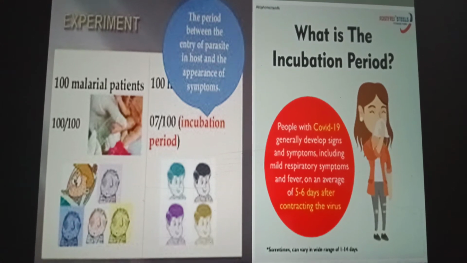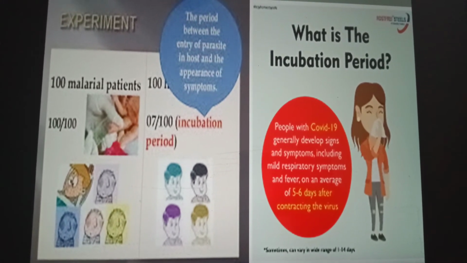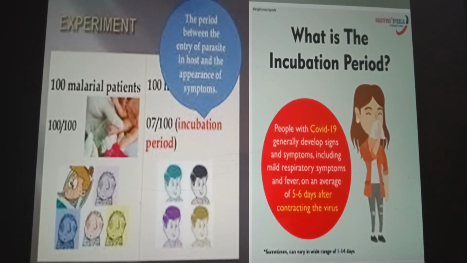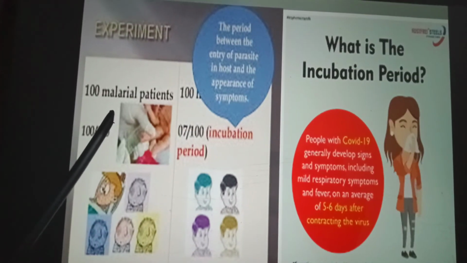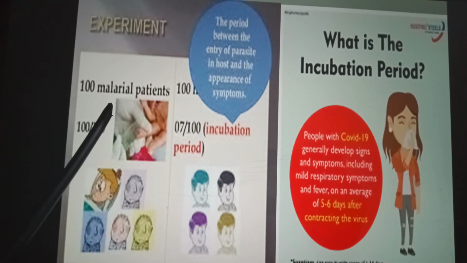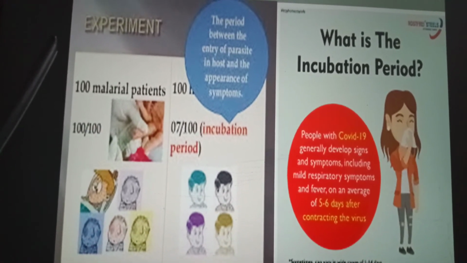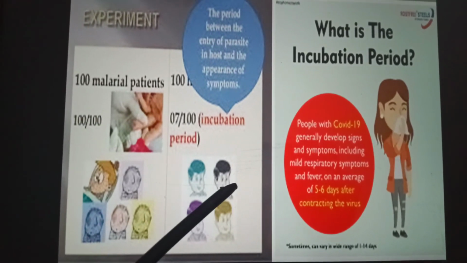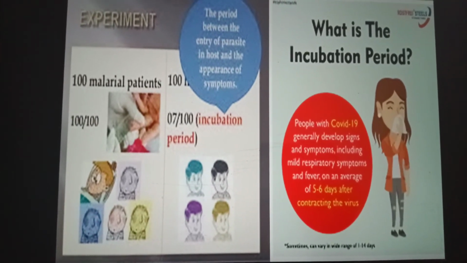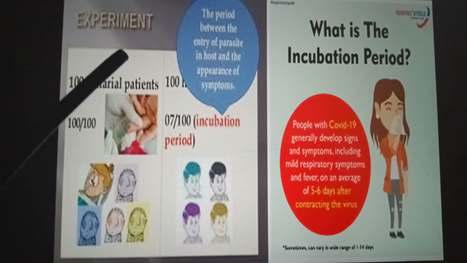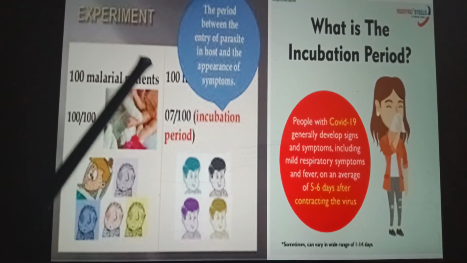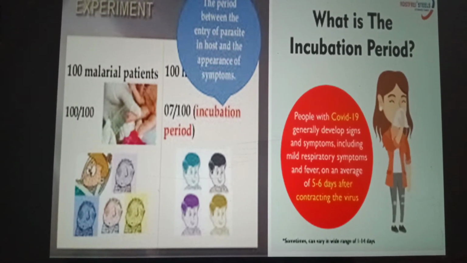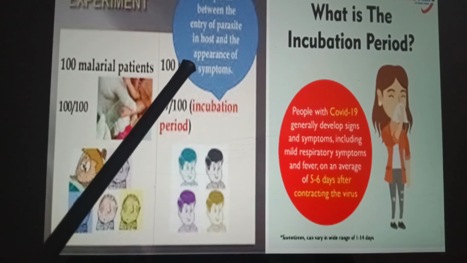The next step was to test the deduction through experiments, which were designed as follows. Blood of 100 malarial patients was examined under a microscope. For the purpose of having a control group, the blood of 100 healthy persons was also examined under a microscope.